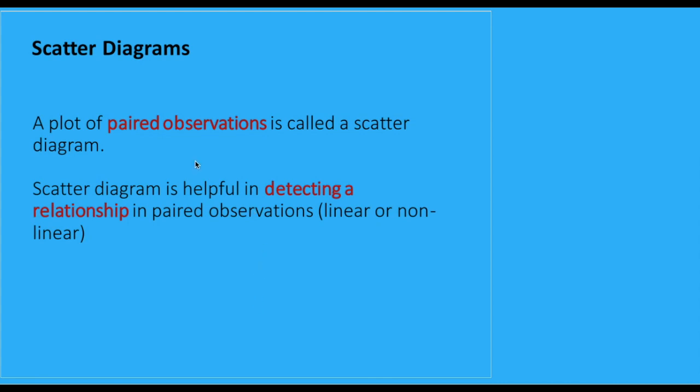A scatter diagram is a plot or a graph of the paired observations between x and y, which is very helpful in detecting the relationship between the dependent and independent variable. By constructing the scatter diagram, we can immediately determine whether the relationship between x and y is linear or non-linear.